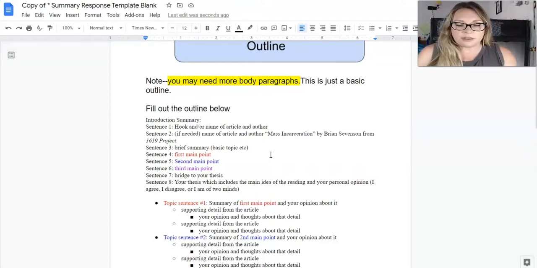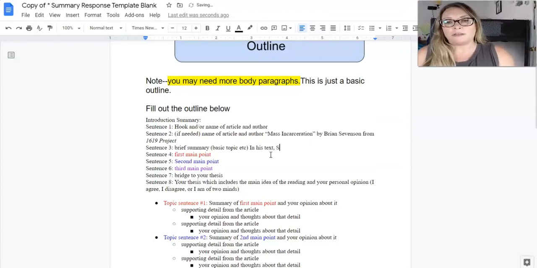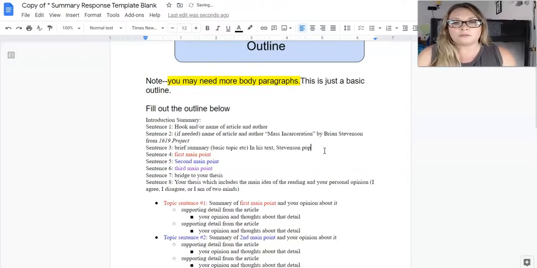Okay, so I'm going to say, in his text, Stevenson, oh, I forgot the T on this one, Stevenson purports, no, I don't like that. I don't want to say "says." I'd really like a strong verb. Let's go with "argues."